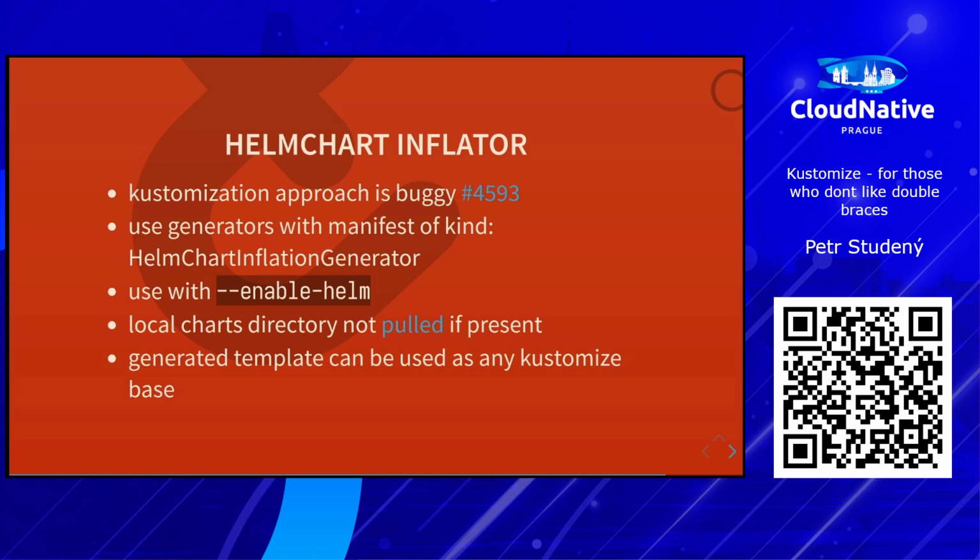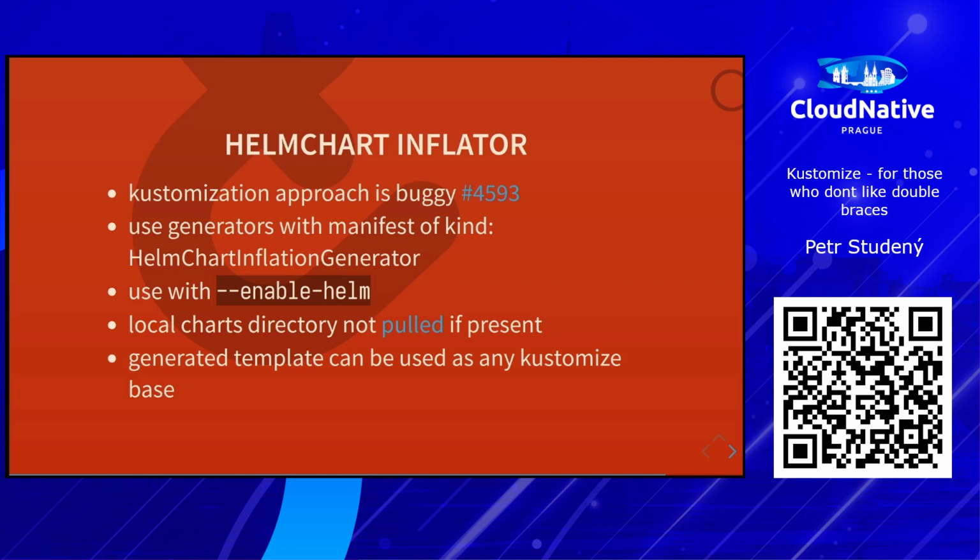Okay, so the Helm chart inflator, as I said at the beginning, you can use your generator with the shortcut in your customization YAML, but this approach is buggy in Kustomize.